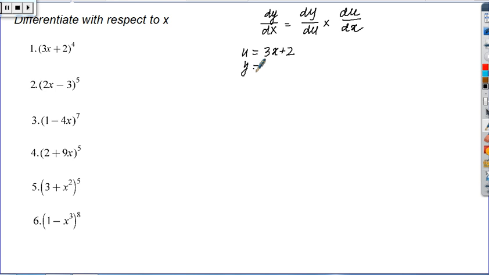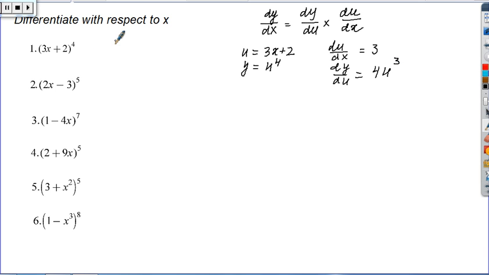Then our y is going to be u to the power 4. Then du by dx is going to be 3, and dy by du, let's differentiate u to the power 4, is going to be 4u^3.